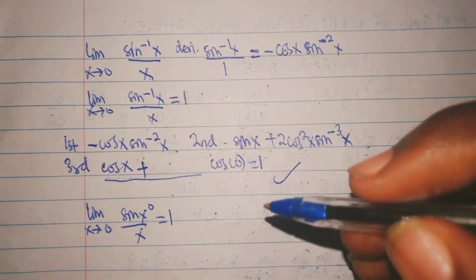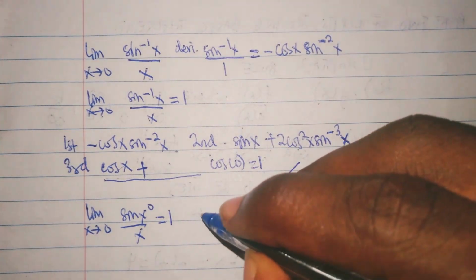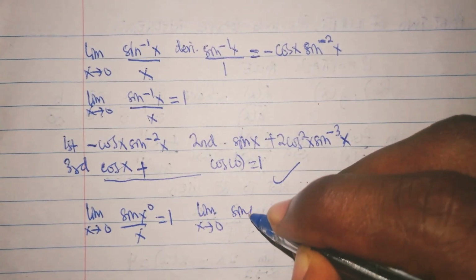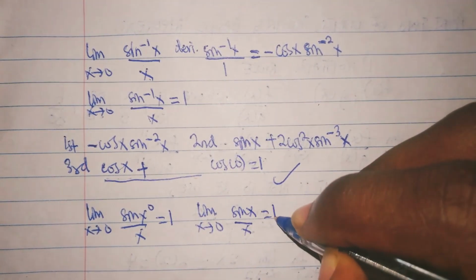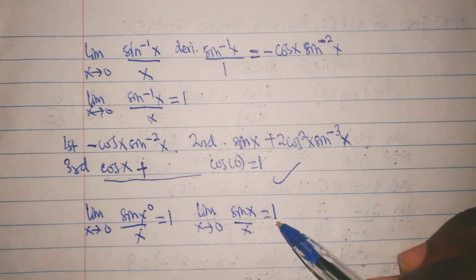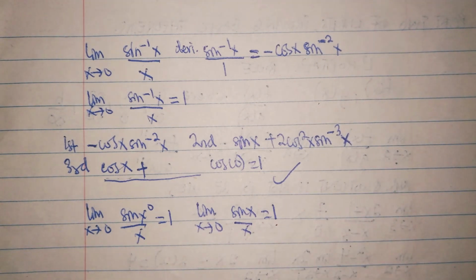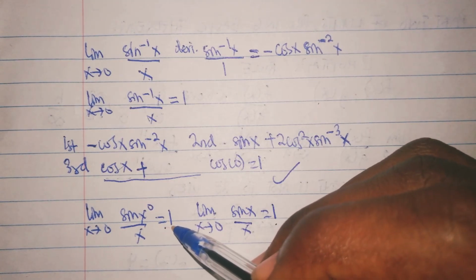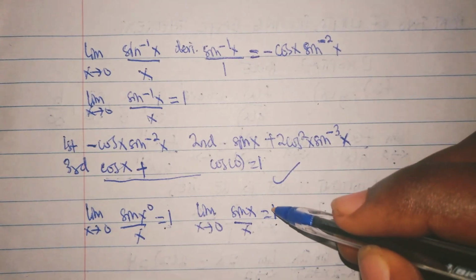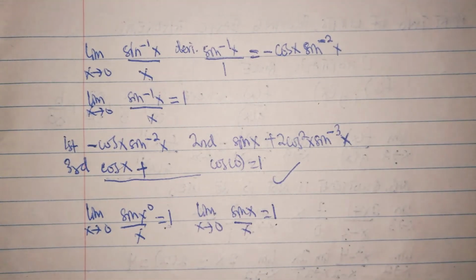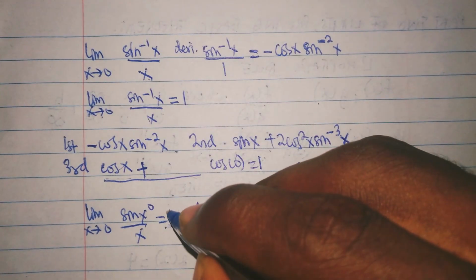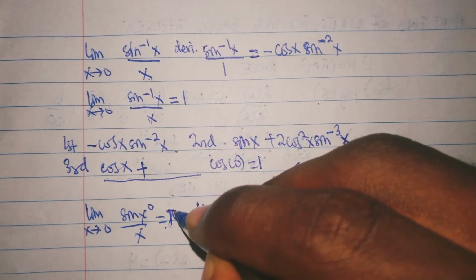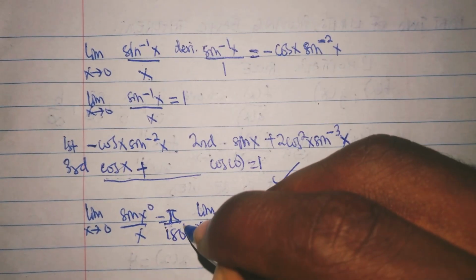Now this is very simple. Now we know that the limit as x approaches 0 of sine x over x is equal to 1. We know this already, right? From this, now they are saying this one is equal to 1. Sorry, this one is not equal to 1. It's equal to pi over 180 degrees.